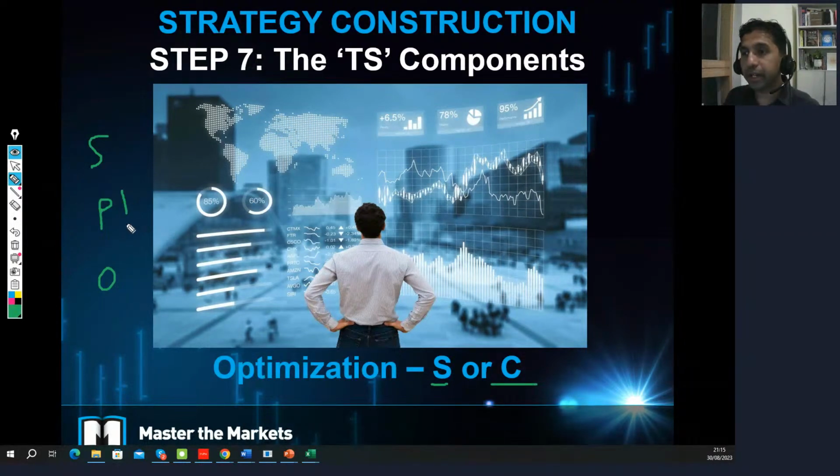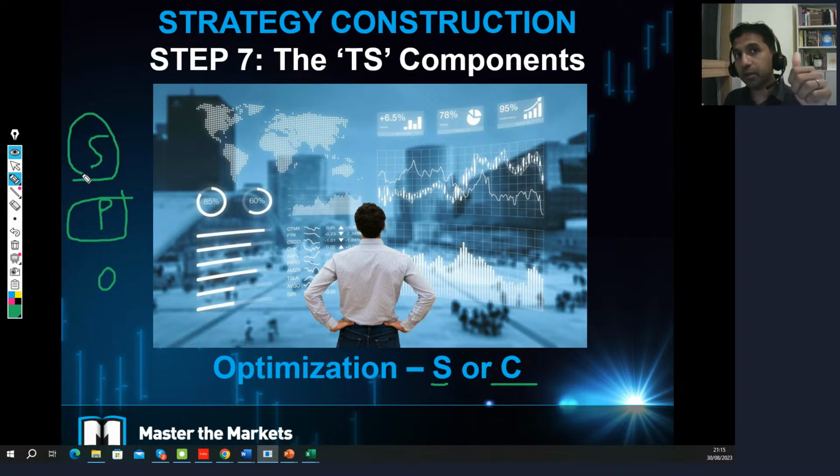And you won't be able to look at any of this if you don't have a quantified strategy based on the 5 components I spoke about before, looking through the 7 steps for strategy construction, and having the right psychology to consistently execute it. Then you won't have any validative stats to make a conclusive decision on whether to stop or continue with the strategies. Okay, you must all have this. This is what gives you the clarity and the confidence to keep going forward.